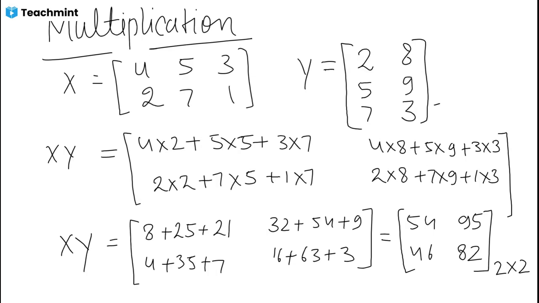They didn't give us matrix inversion yet. They've given us only matrices and matrix operations. So we have done addition, subtraction, and multiplication only, because in matrices we don't have a division operation.